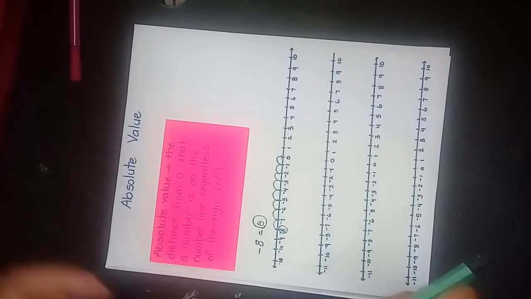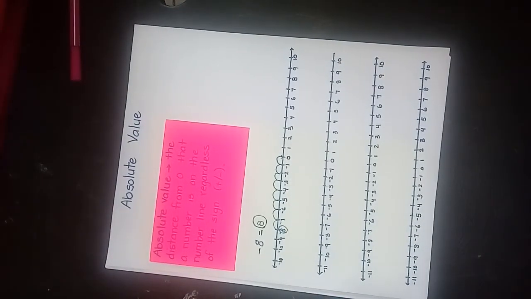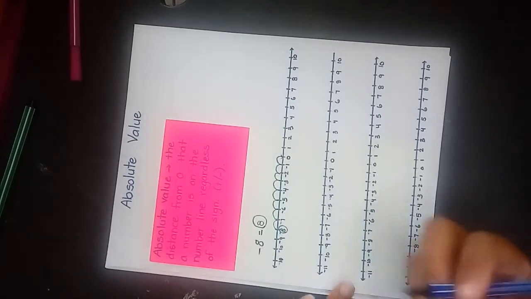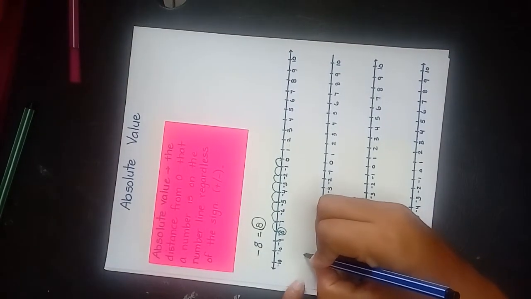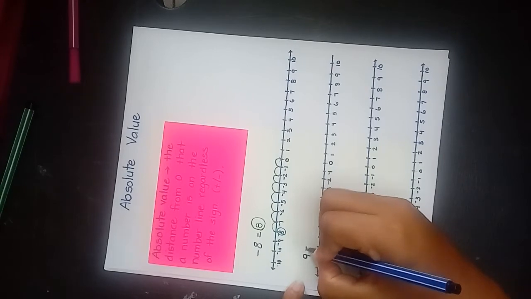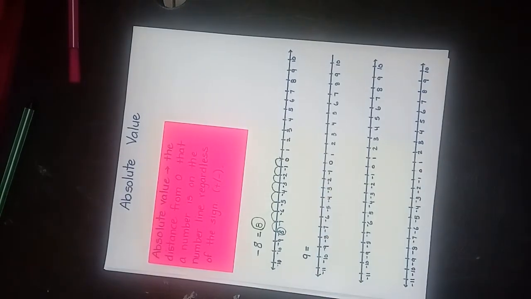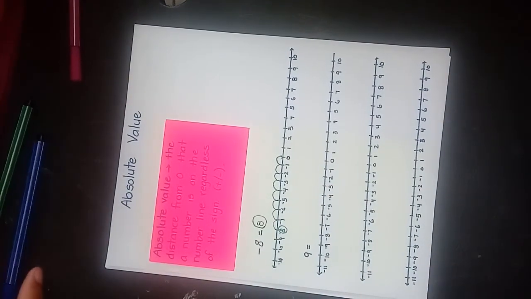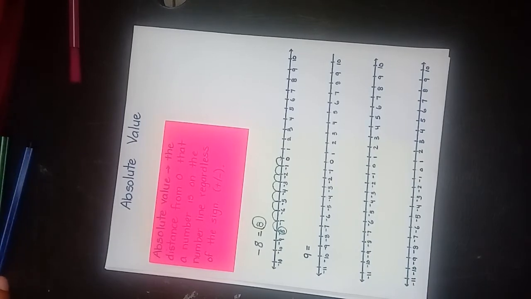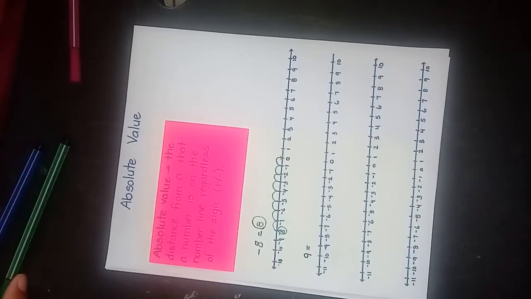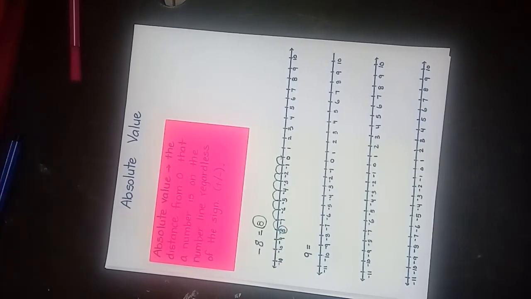Let's look at another number. Let's do +9. 9. It's the same thing, right? When you hear people say 20 + 5, they're talking about positive numbers.